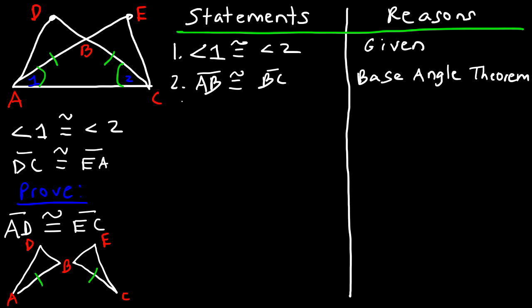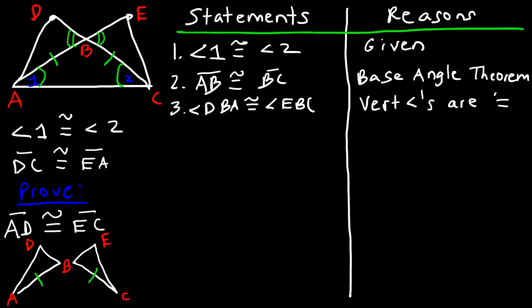Now what else do we know? So notice that angle DBA and EBC, those are congruent angles. They're vertical angles, and we know that vertical angles are congruent.